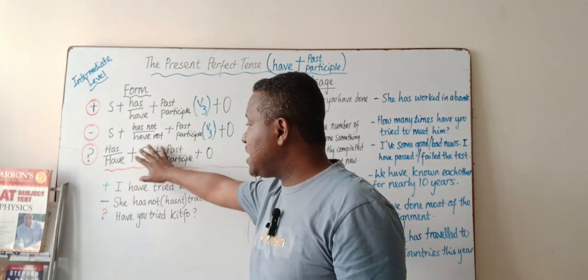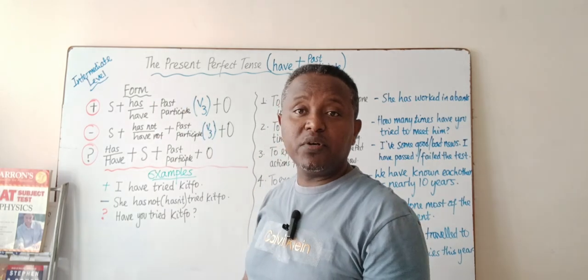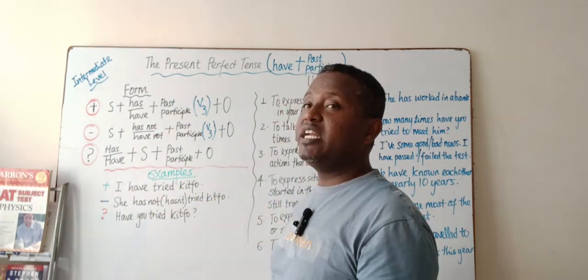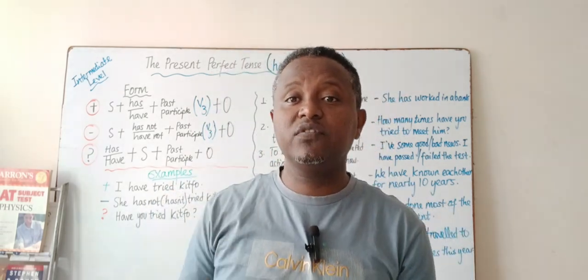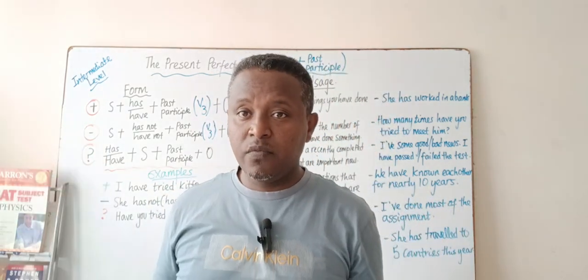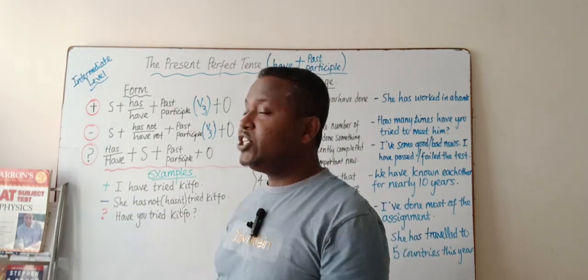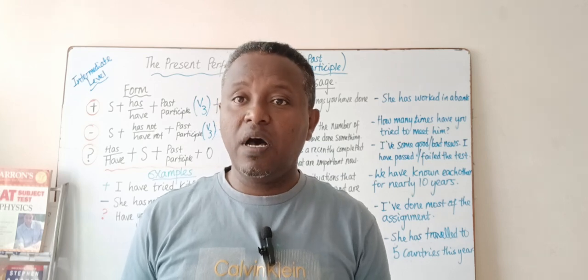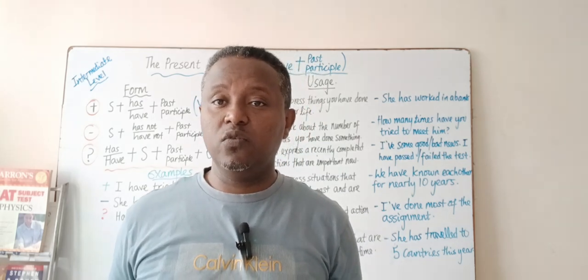So this is how we construct the present perfect tense. This is all about the form. Examples: I have tried kitfo, she has tried kitfo, they have tried kitfo, we have tried kitfo. And the negative will be: she hasn't tried kitfo, we haven't tried kitfo, I haven't tried kitfo, they haven't tried kitfo.